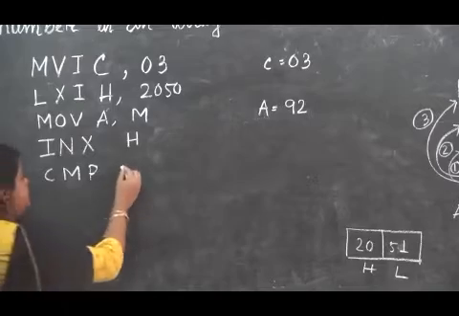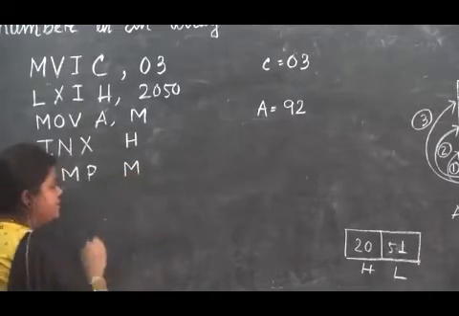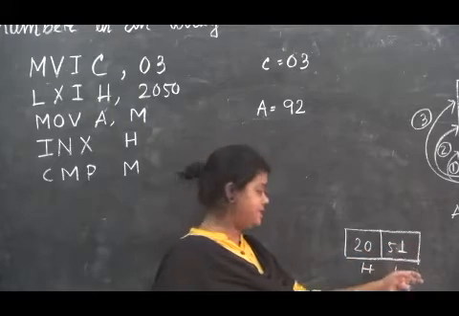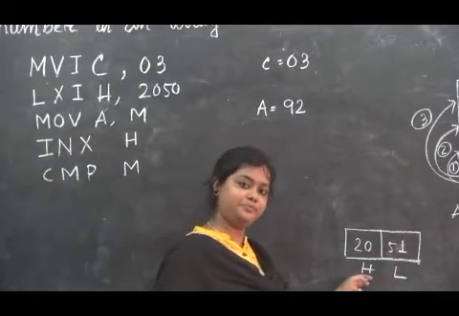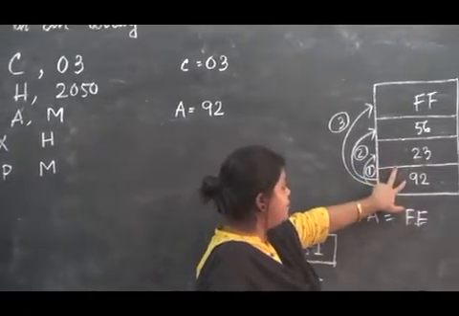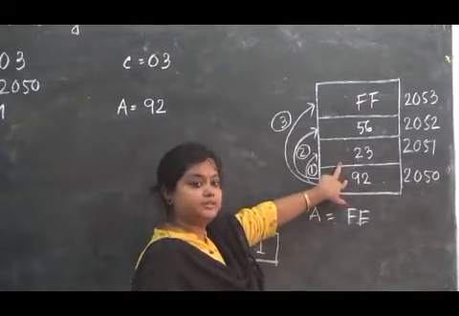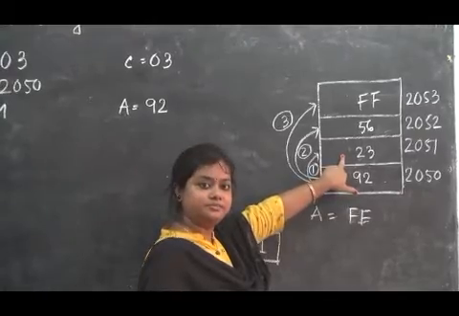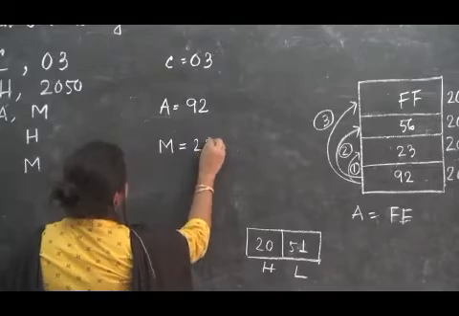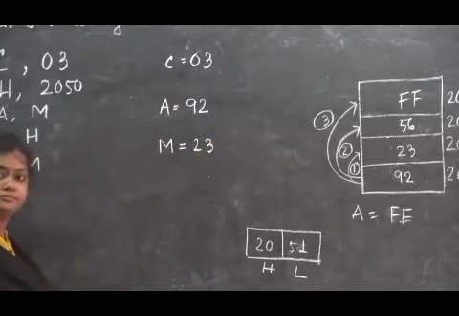If we write CMP M, the value of the HL pair is now 2051. I said that the HL pair is denoted by M. So CMP M means the value of the accumulator is compared with 23. So now the value of M is 23.